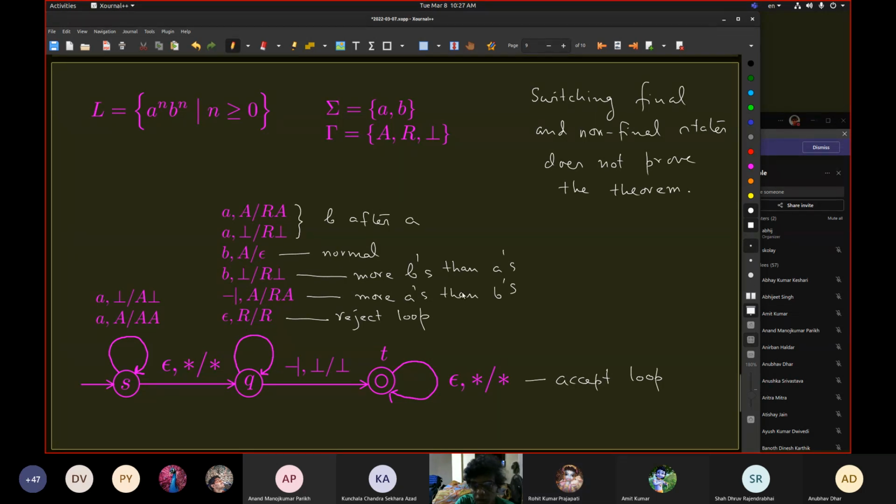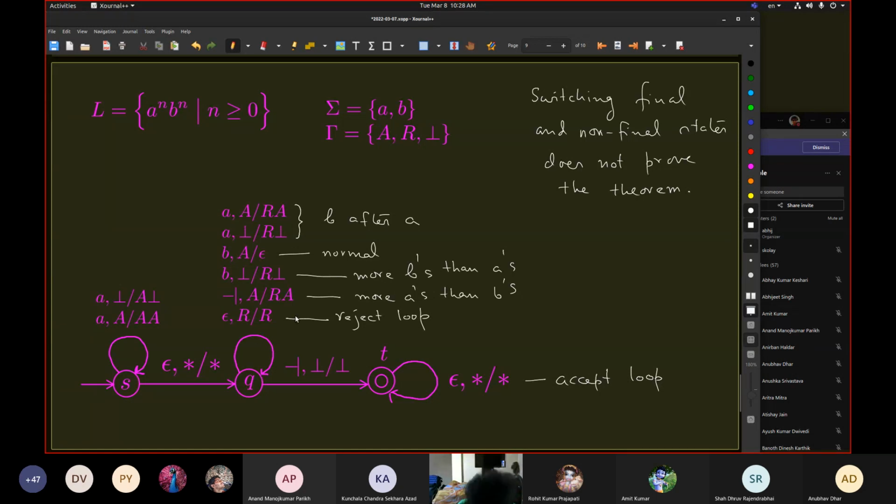Therefore, you see that if I just make these two states final and this non-final, this machine is not going to accept the complement of L. Okay. So somehow I have to ensure that before rejecting, the entire input is read.